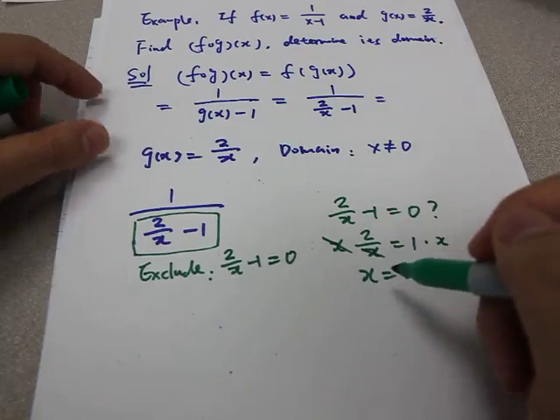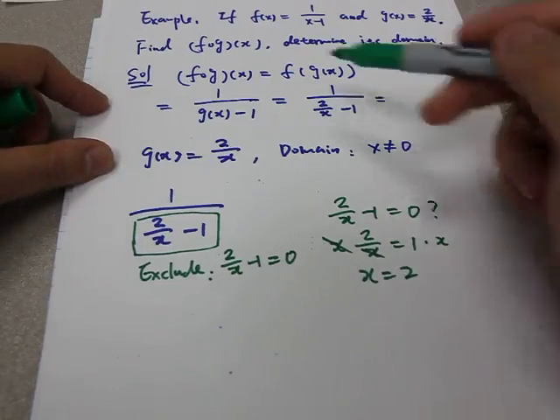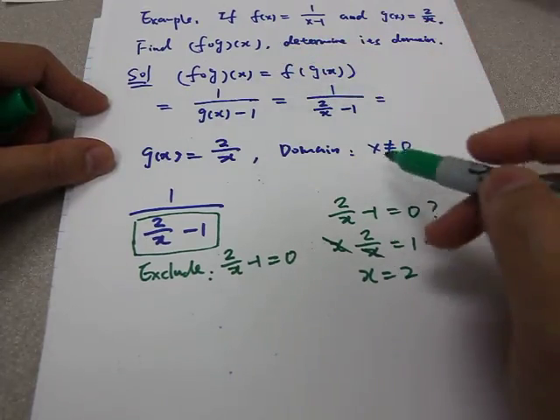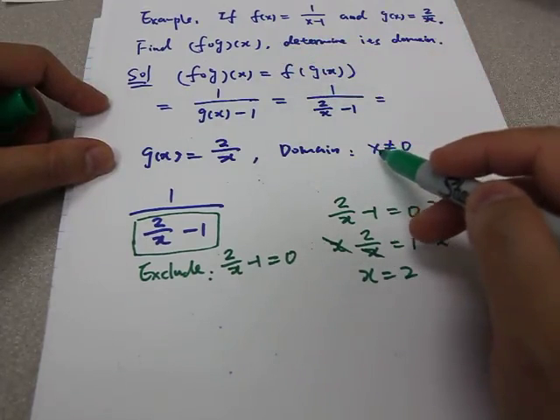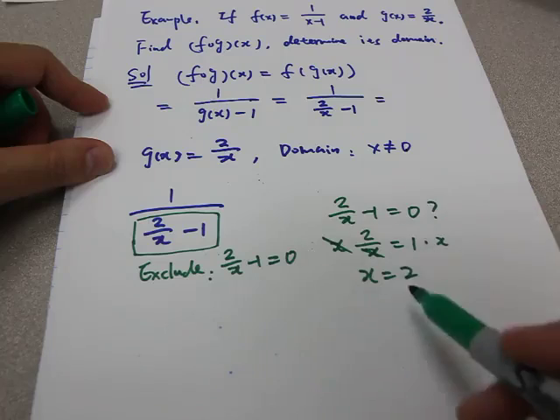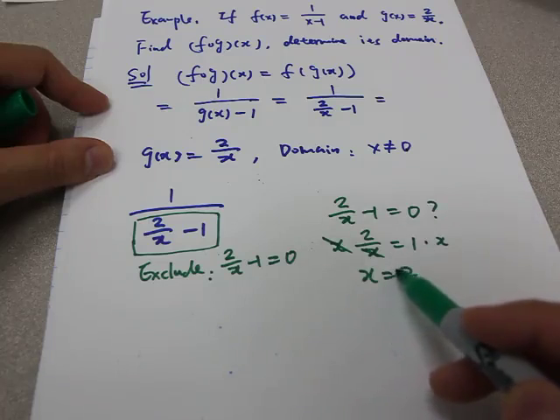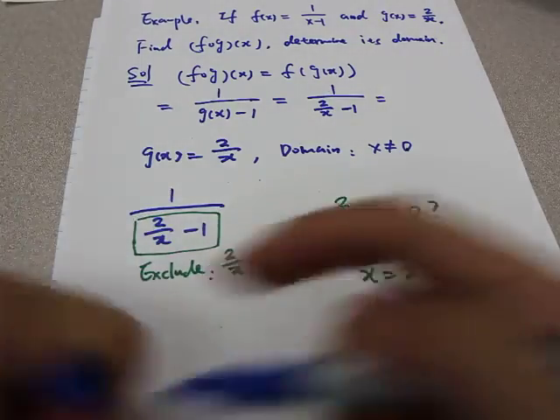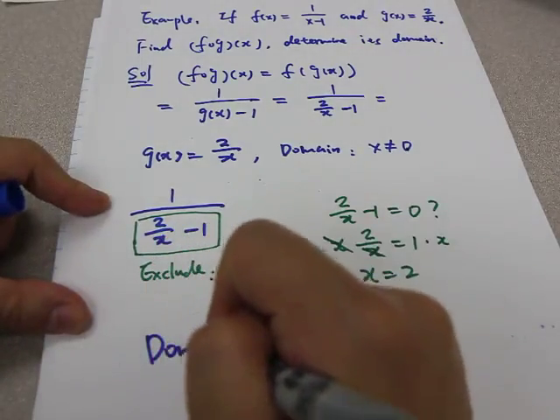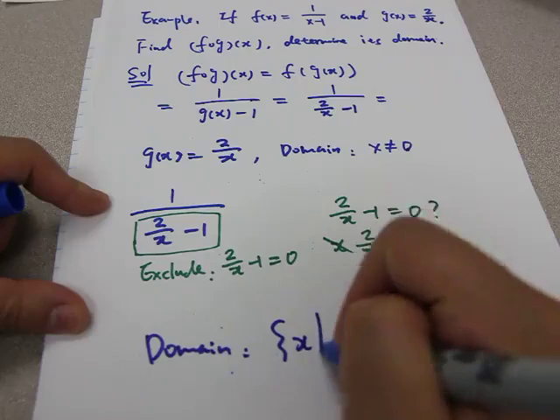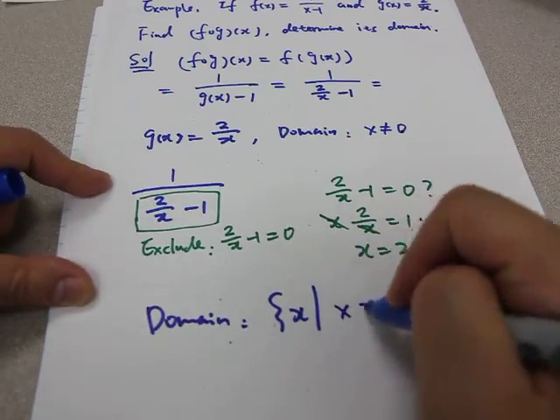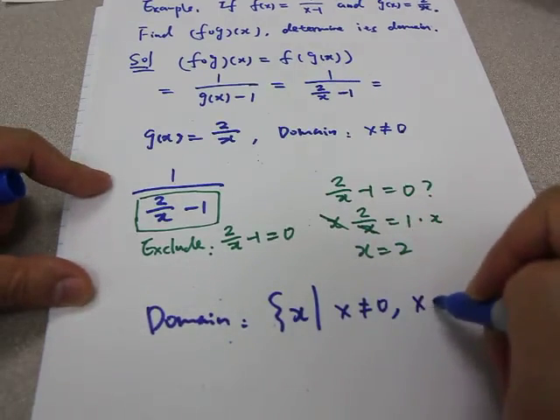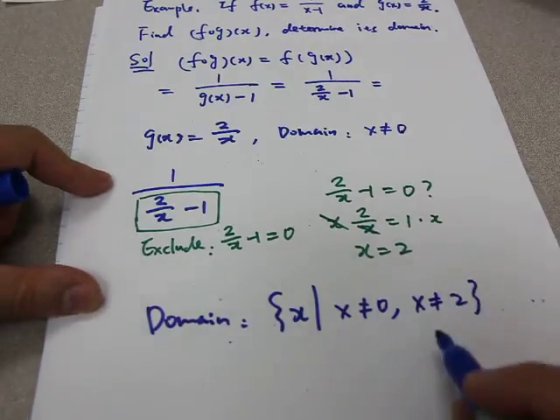So therefore, to find the domain of this composite function, we have to exclude the 0 and we have to exclude the 2. So the domain is going to be any number except 0 and 2.